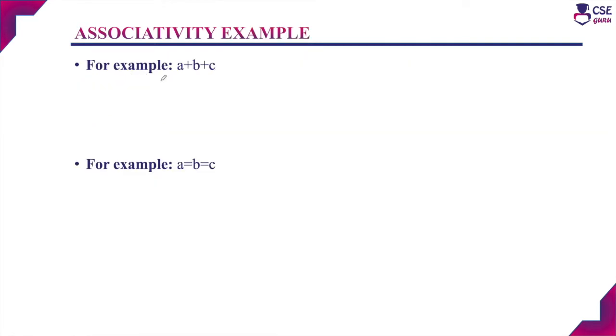Next, consider this example: a plus b plus c. We can evaluate this expression in two ways. First, we add a plus b and then the result is added to c. Second, we first add b plus c and then the result is added to a. But which one is the right method of evaluation?